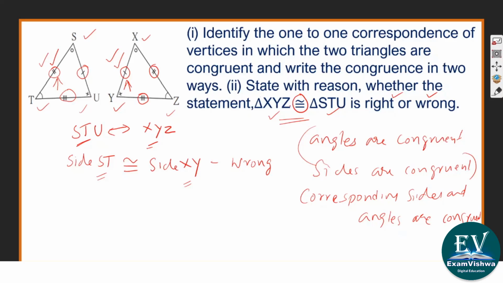There is. If, on the other hand, we know that side ST is congruent to side XY, a mistake happened while writing, so here there are 2 marks; where is the 2? Side XZ.